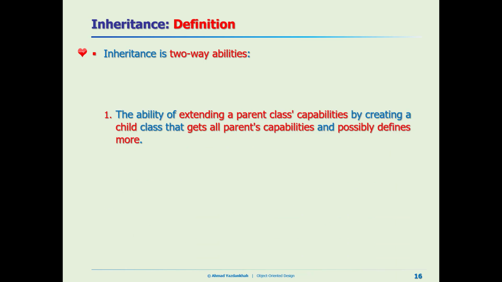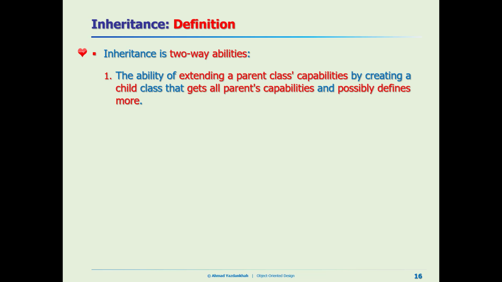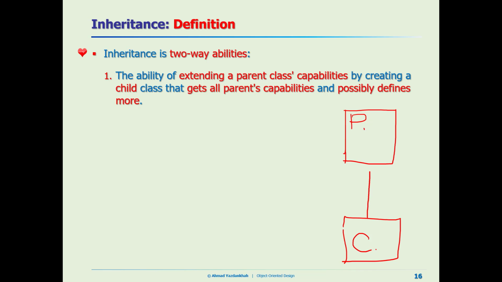In the first one, we extend the parent class capability. What does it mean? It means that we have a parent here, let's call it parent, and we have a child here, and we inherit from these parents all of those things that we want.